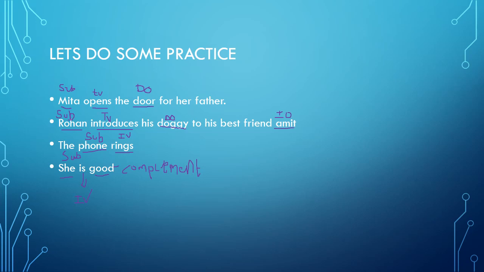How can we say that it's a transitive verb? Let me explain it to you. His doggy. So here doggy is a direct object. Let me write it first, then I will explain it to you.